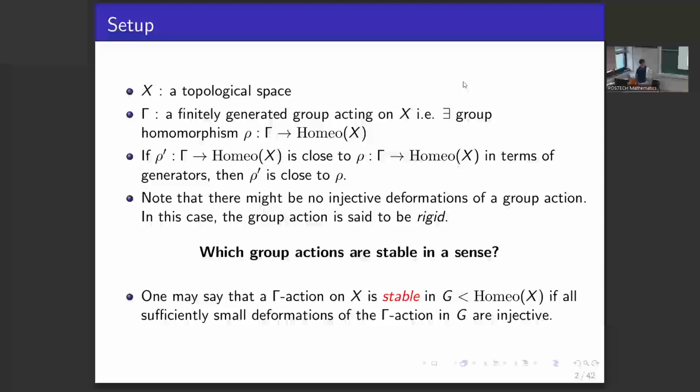In other words, if the generators are close to each other, then the two actions are close to each other.